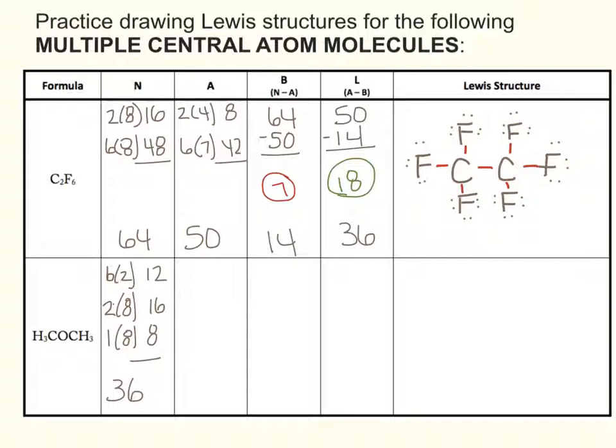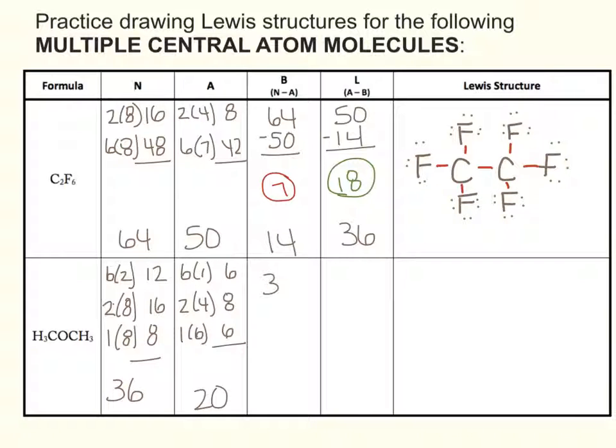Alright, so the valence electrons, they have 6 hydrogens, which have a valence electron number of 1. There are 2 carbons, a valence number of 4. And then 1 oxygen that has a valence number of 6. We're going to add that together and get 20.